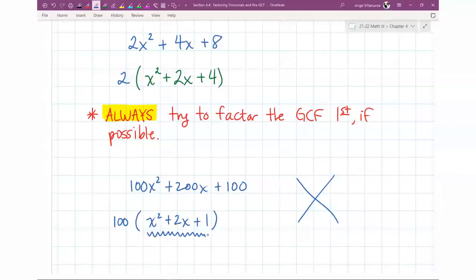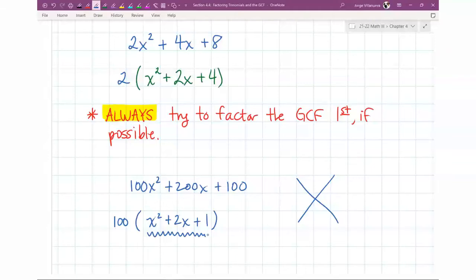If you can factor something out, factor it out, because it's only going to make your problem easier to do. Okay? So the top problem, the 100x squared plus 200x plus 100, that's a tough one to do because the numbers are so large. But if I factor out what they have in common, which is a 100, then all of a sudden, factoring x squared plus 2x plus 1 becomes manageable. Okay, very simple. All right, and we'll get to that right now. Okay, how to do that.